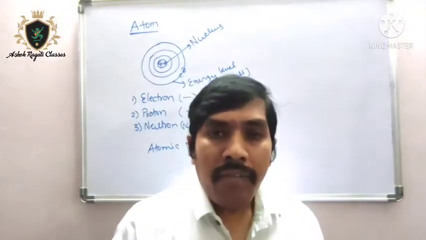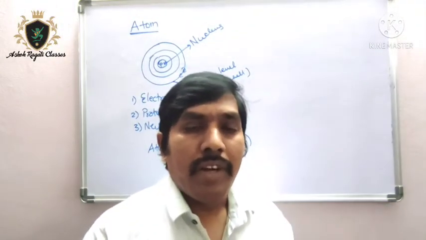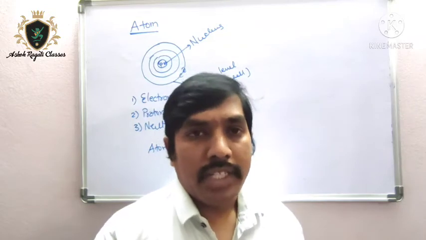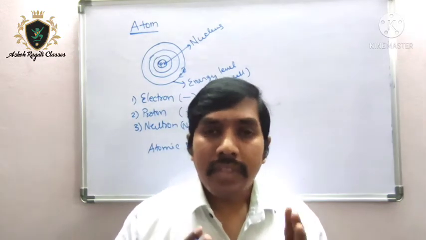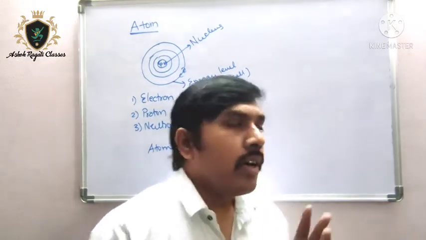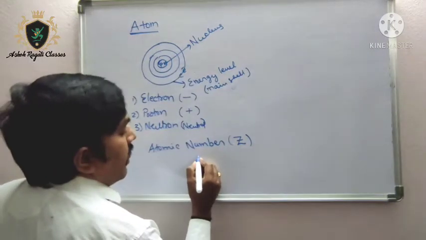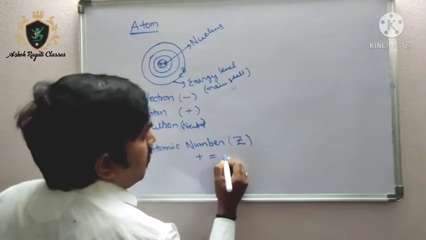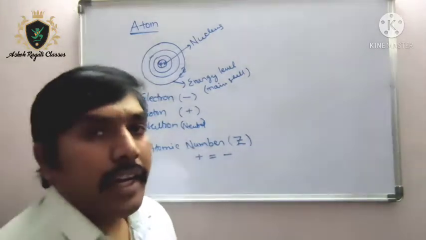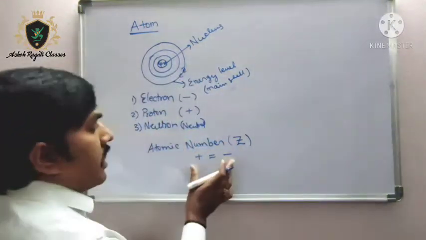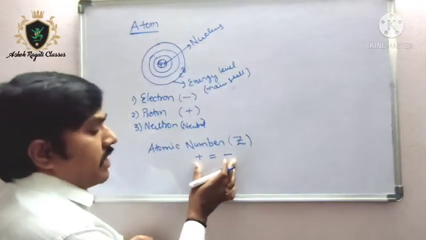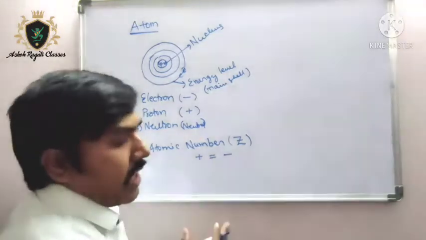Generally, the number of positive charges should be equal to the number of negative charges. Means every atom contains an equal number of electrons and protons. Here these are equal, and these two are electric charges.